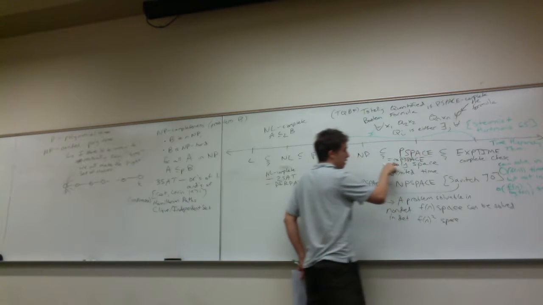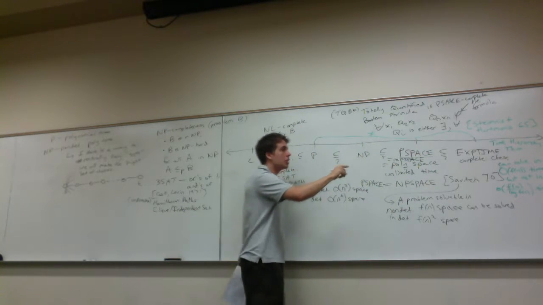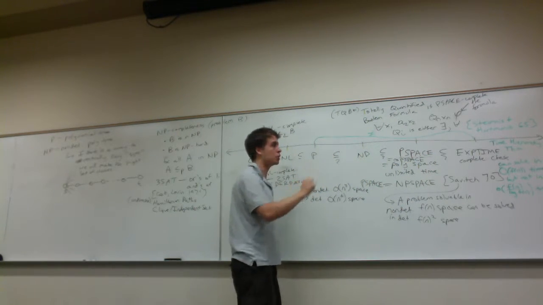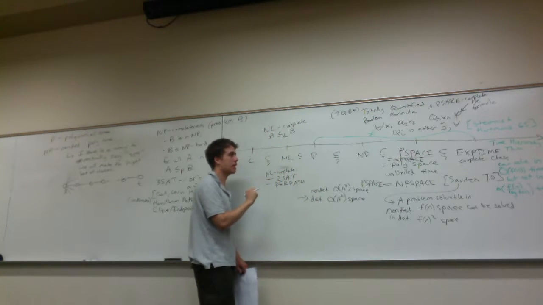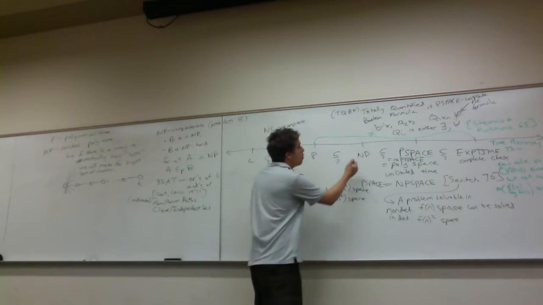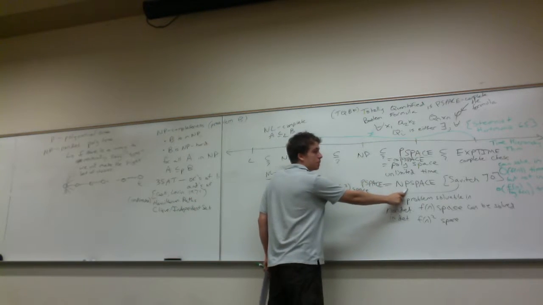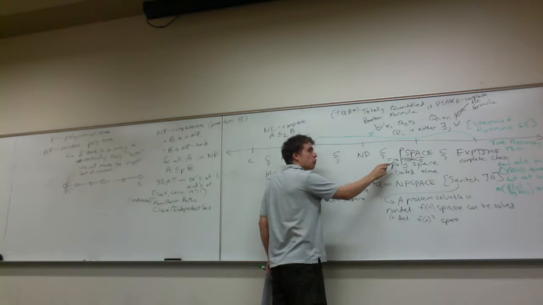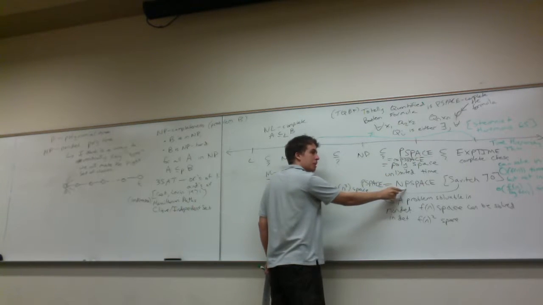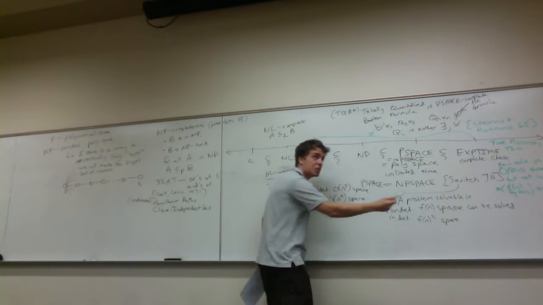So if I flip the yes and no answer, I still get polynomial space, and it is exactly the same class. Obviously, since P space equals NP space, then P space equals co-P space equals NP space equals co-NP space.